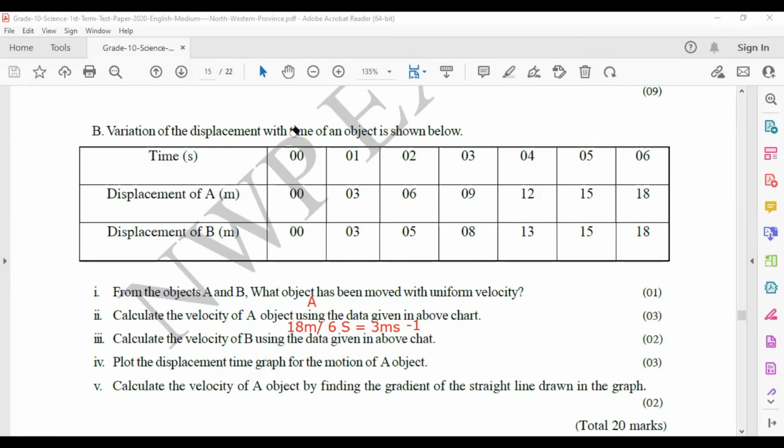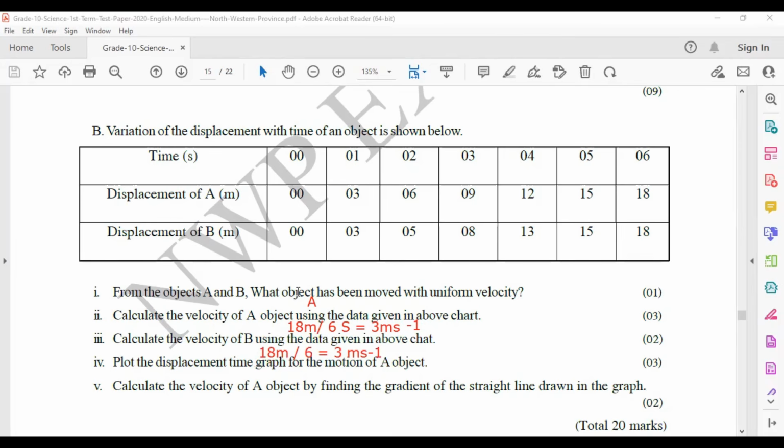In that case you have to take the total displacement, because the velocity is changing with time. So we take the total displacement and divide it by the time taken. It is 18 divided by 6, equal to 3 ms⁻¹ again.